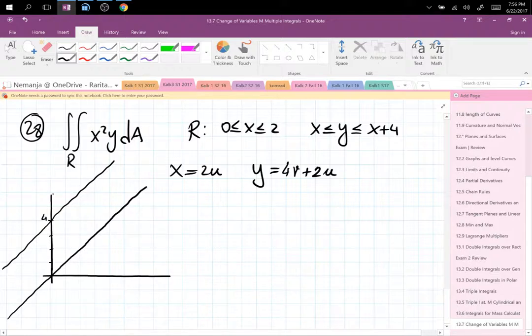These are the two lines. They're parallel linear lines. And then we have x from 0 to 2. So this is our region. The red parallelogram here is our region R.